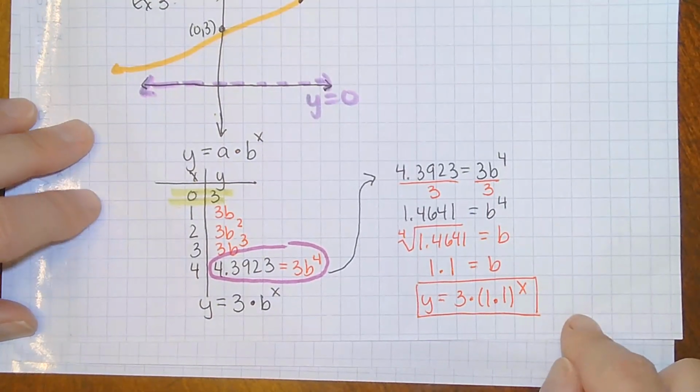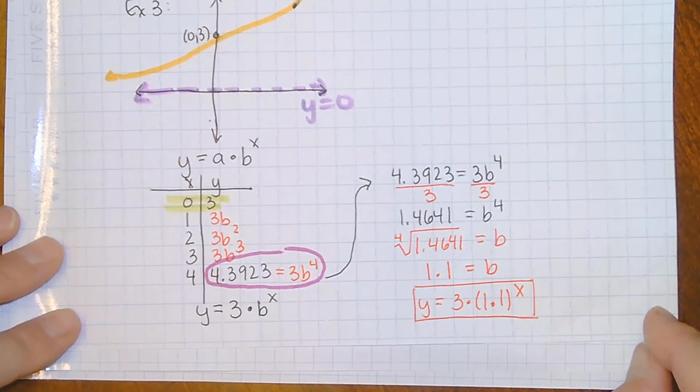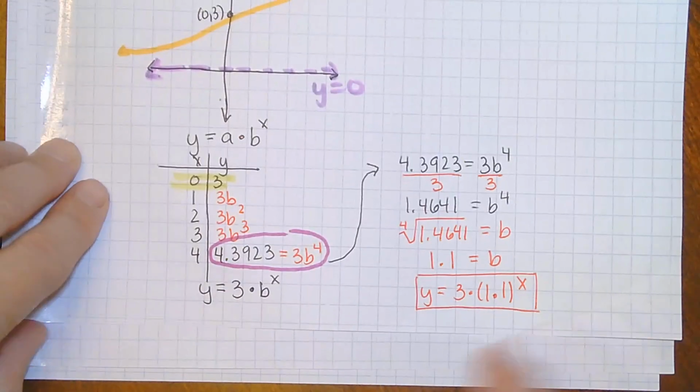Now I'm going to give you one more example like this with a gap, but this time I'm going to only give you the points. I'm not going to do it on a graph. So example 4.